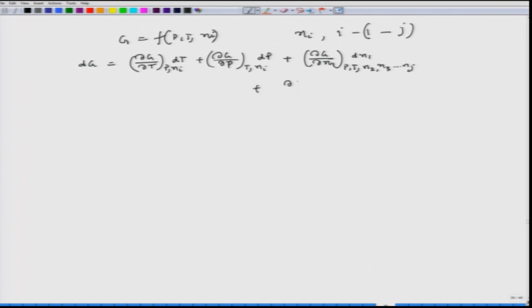Similarly I can write del G by del n j at constant P, T and the other components, up to j minus 1, because only up to j is available in the system. Now, if we fix P and T, then the first two terms go to 0, so we are left with the composition terms.